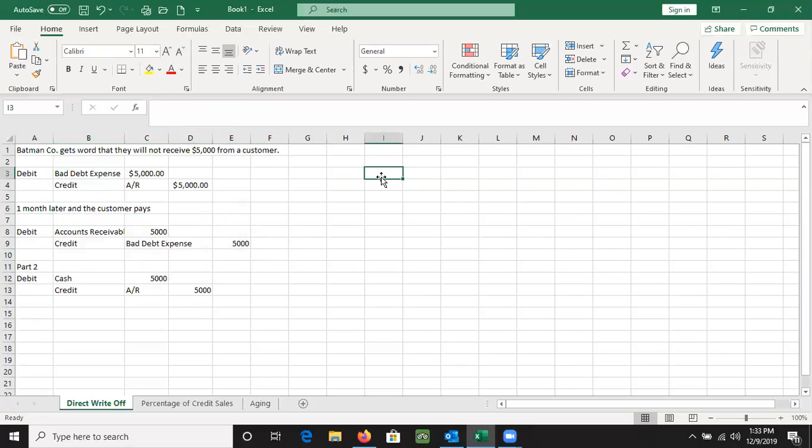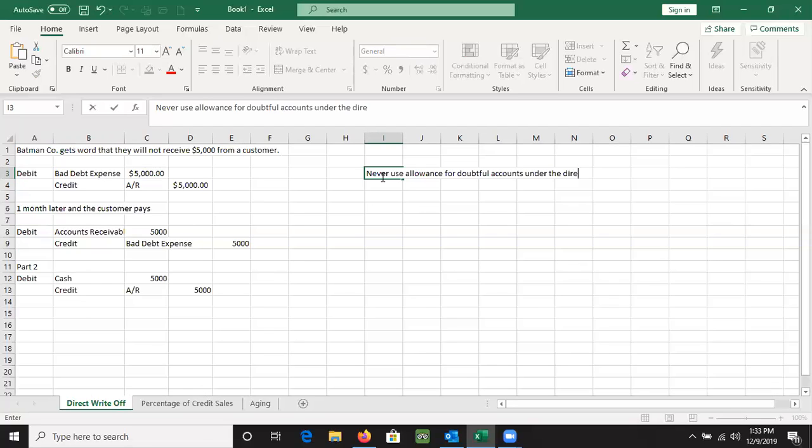Straightforward. You will notice there is no allowance account under the direct write-off method. Never use this account, allowance for doubtful accounts, under the direct write-off method. That account, allowance for doubtful accounts, is a contra asset account.